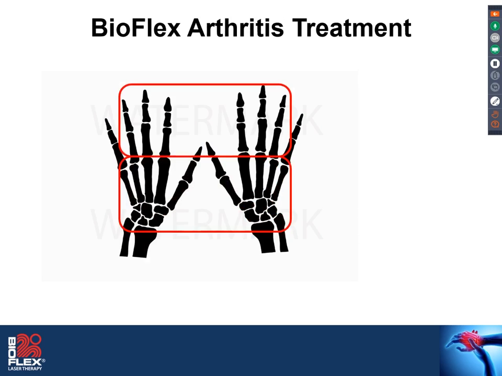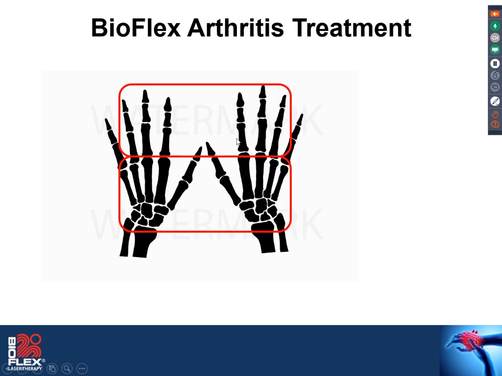Arthritis. For the placement of the array, now I'm talking about arthritis of the hand. Usually it's bilateral, so we'll tend to have the hands placed side by side, and we will treat the palmar aspect using 2 arrays like so, and then flip the hands over and do the dorsal aspect.